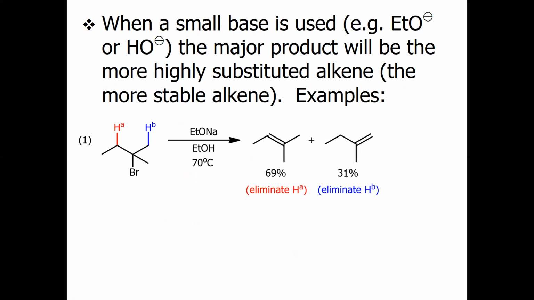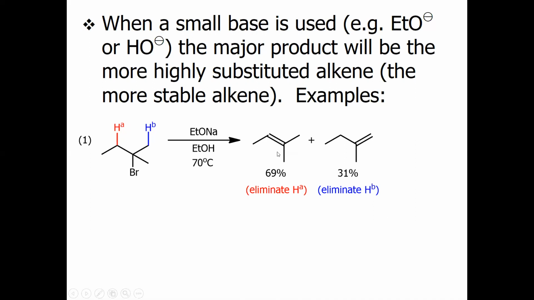For example, the previous one, as I mentioned, is the same case when you have 2-bromo-2-methylbutane and you have the chance of two products, as I mentioned in the previous slide. This is the trialkylated alkene and the second one is the dialkylated alkene, and you can see the percentage yield.